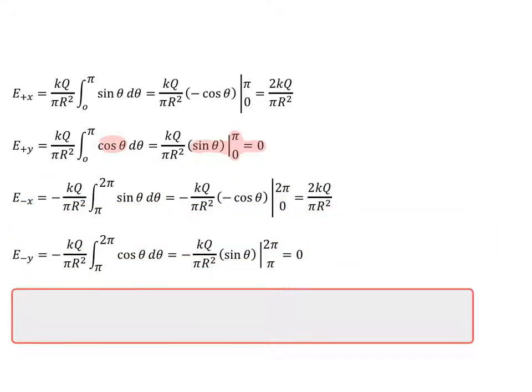And so the next 2 parts are identical to the first 2, but be mindful that these go from pi to 2 pi, versus 0 to pi.